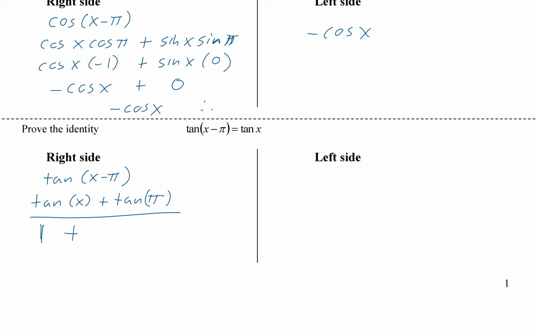Remember, tangent is the parent, and so if cosine's a control freak, tangent's a super control freak. That's where they learned it. This is tangent x, tangent pi. I'm going to put the parentheses just because I like them right now. So now you just need to simplify this into tangent x. Hit pause and try it.